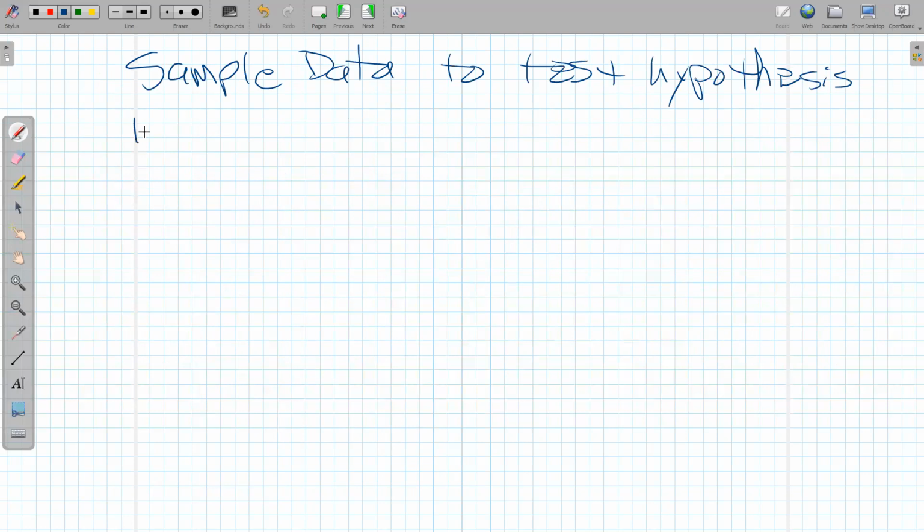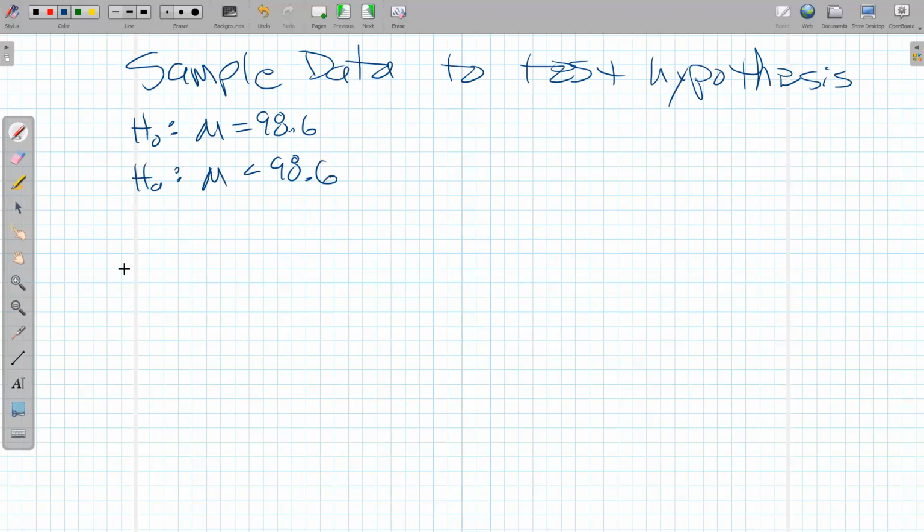And again, reminder, we are testing H0, the null hypothesis, human body temperature is 98.6, versus our alternative hypothesis, mu is less than 98.6. And I get some sample data.